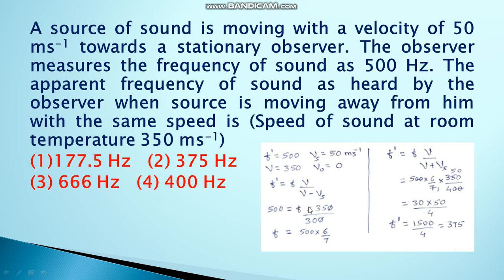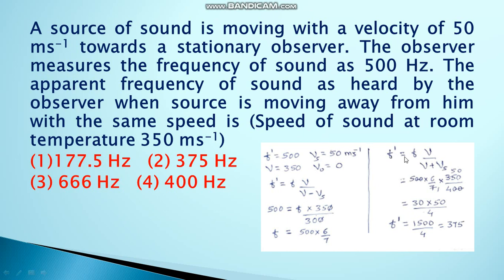When you substitute this, you will get f is equal to 500 into 6 by 7. Next, what they are asking here is when source is moving away from him with the same speed. Keep in mind this, with the same speed, that means the speed of source is again the same.